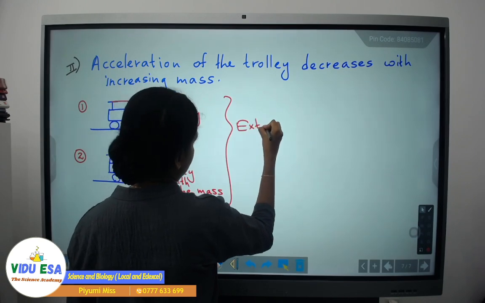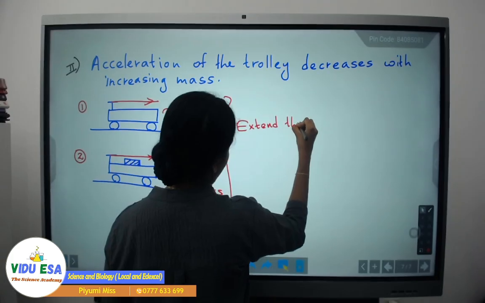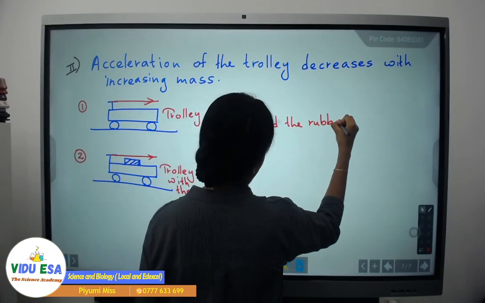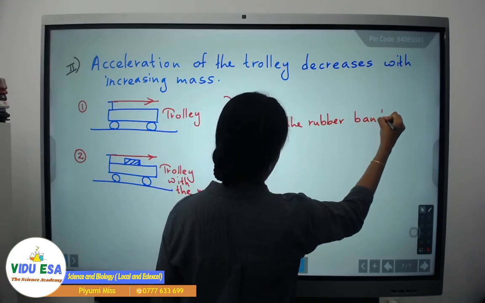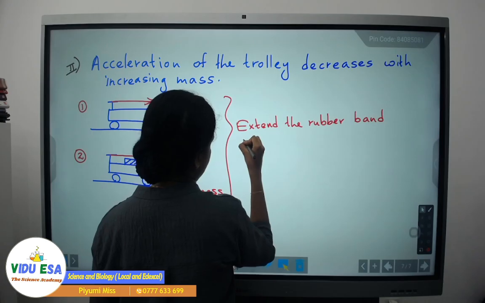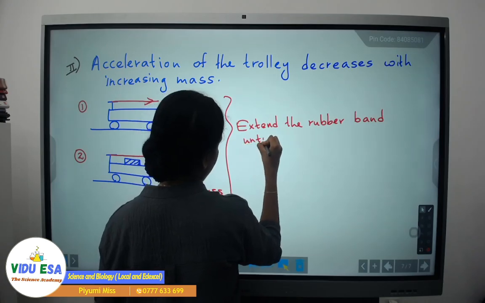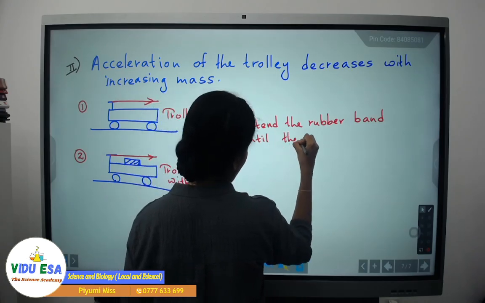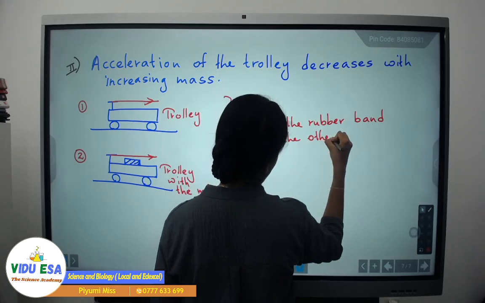Extend the rubber band until the other end of the trolley.